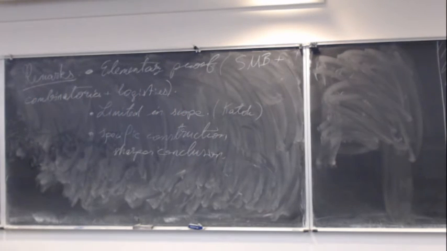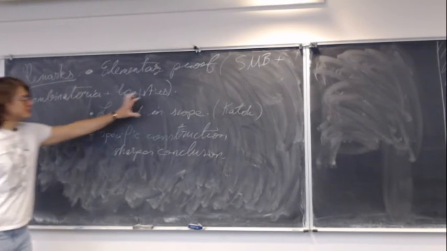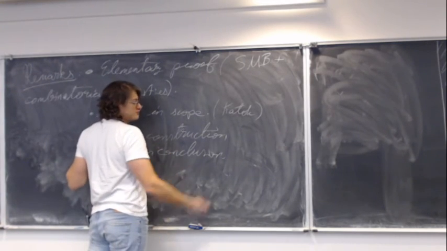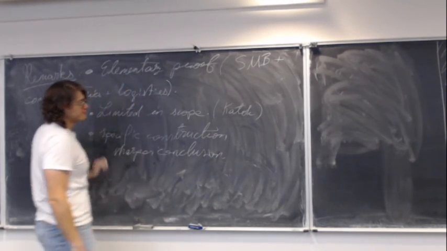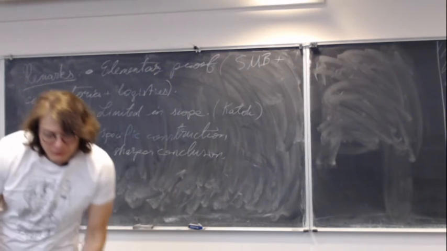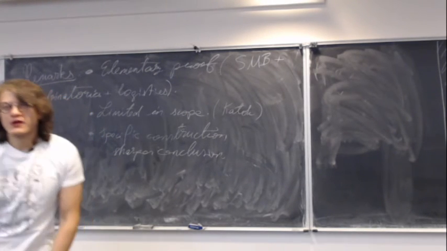Which is expected, right? If your scope is limited, it is likely that you have more properties, which means that you can say more things. Okay, so these are the three remarks. Any questions?